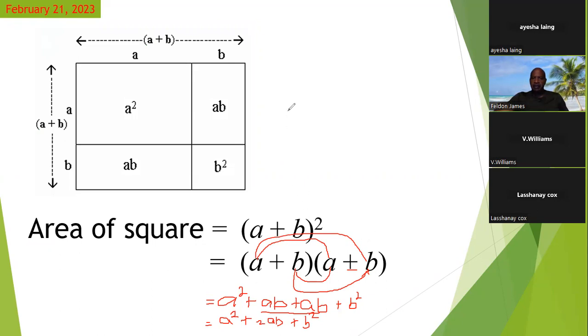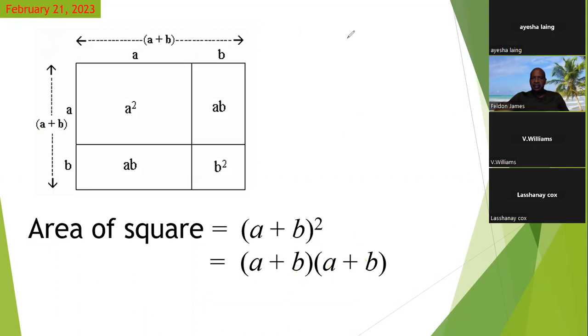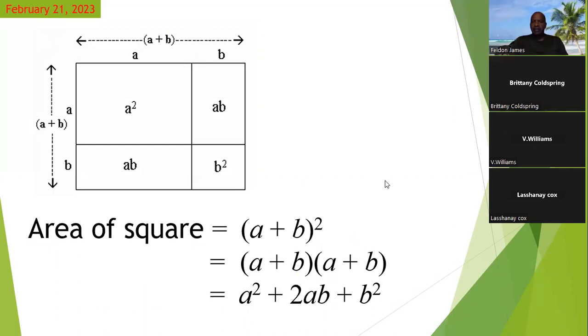It's the same process that we are following. So once we have done that multiplication, it would have expanded into A squared plus 2AB plus B squared.